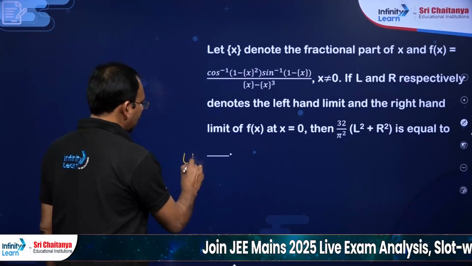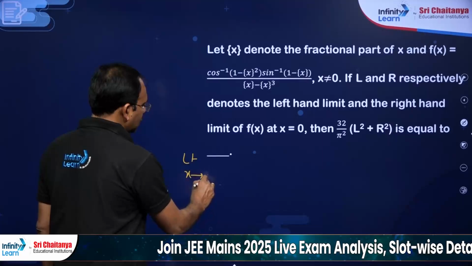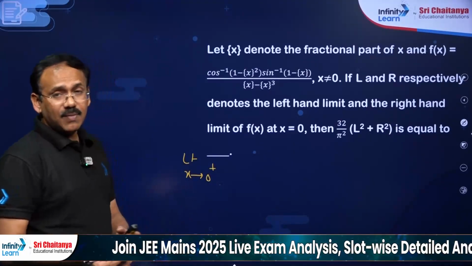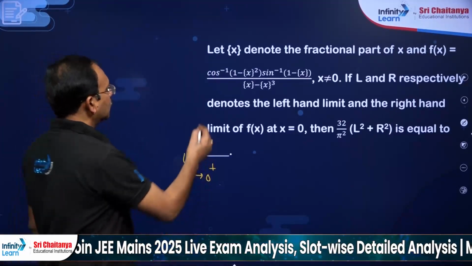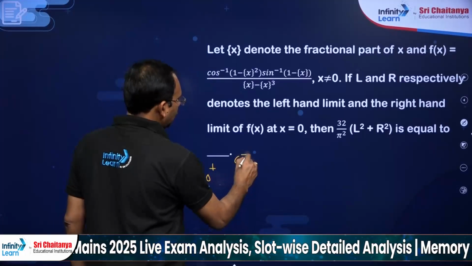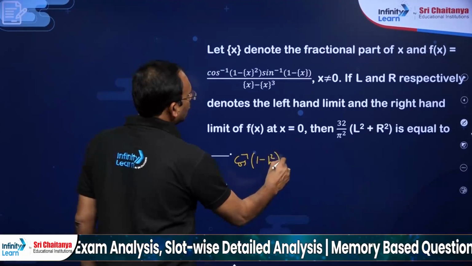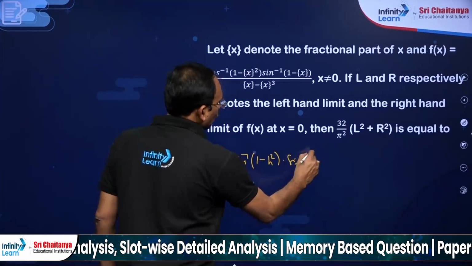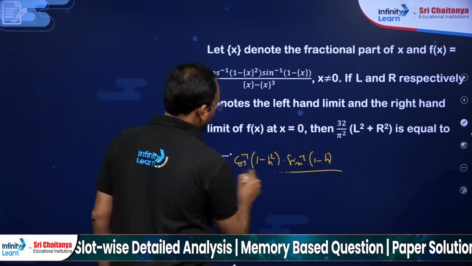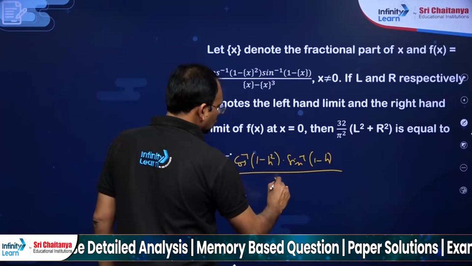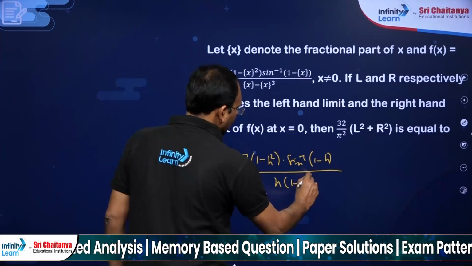At 0, right hand limit, you try, my dear friends, x tends to 0 plus. x can be replaced by small h. So this is cos inverse (1 minus h square) into sin inverse (1 minus h) by h minus h cube, that is h into (1 minus h square).